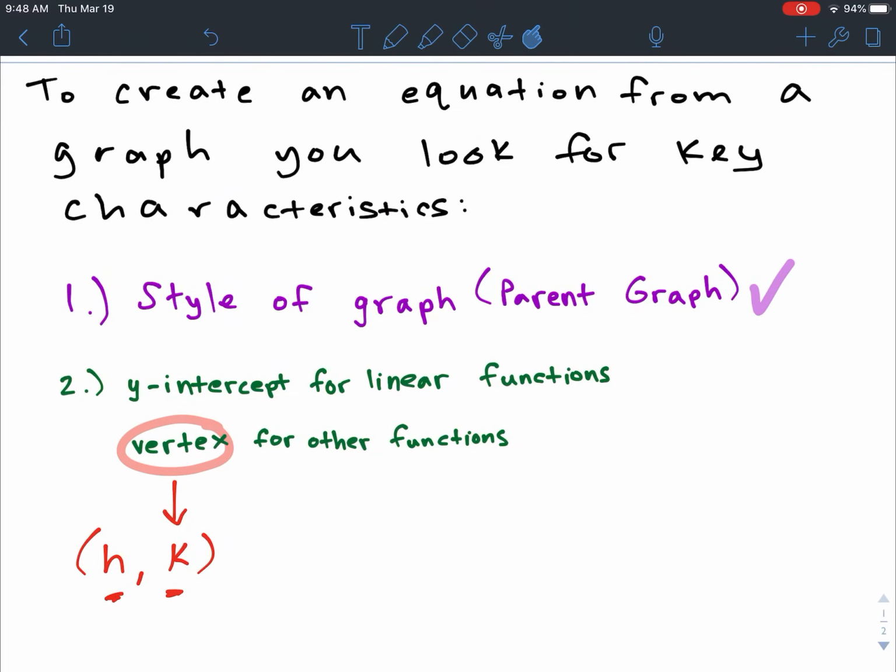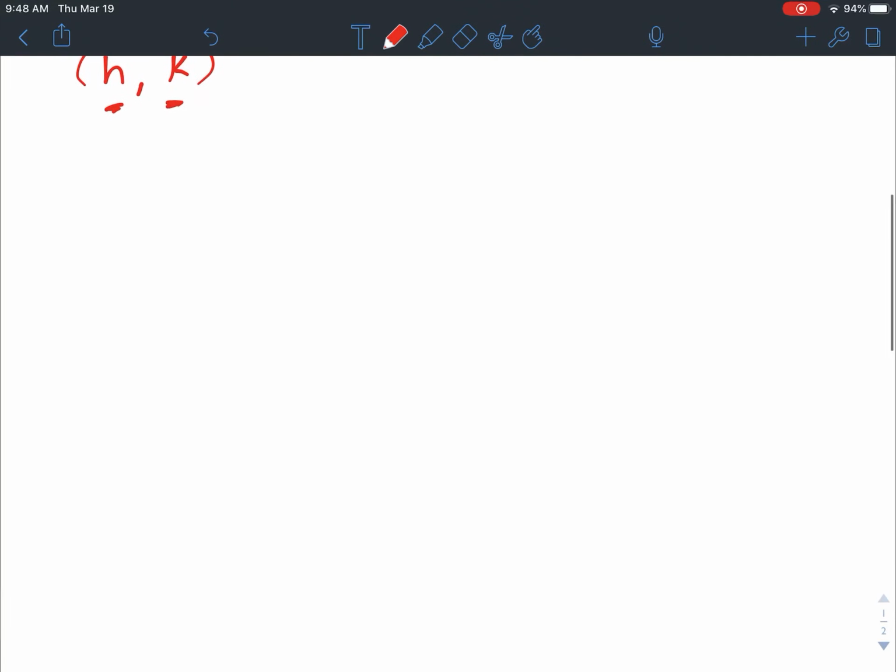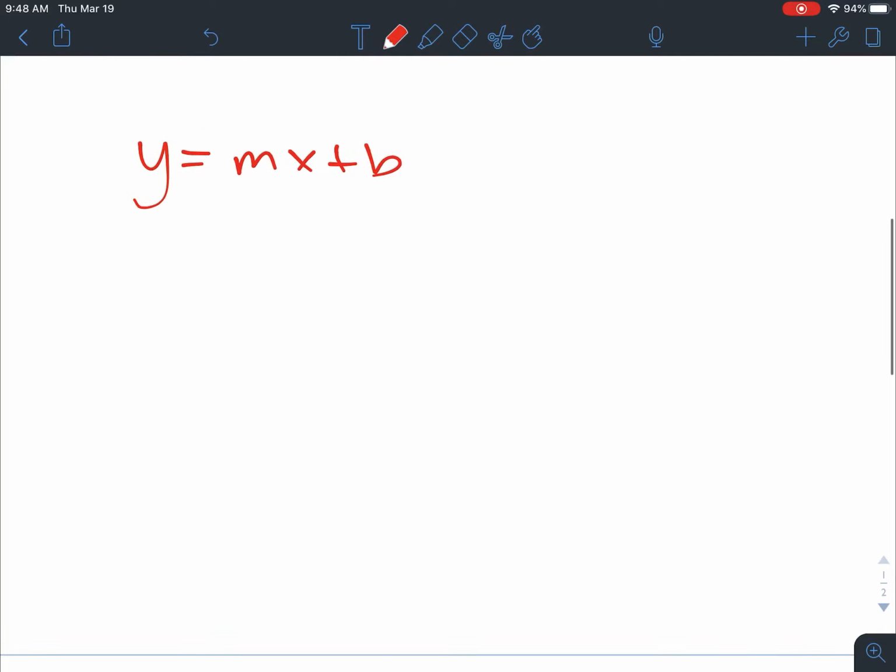So for this situation, we'd say, all right, first, we know it's a linear equation, y equals mx plus b. From our graph, we interpreted that our y-intercept was 4, and then we figured out through using our eyes or counting that our slope was down 2 over 1, or negative 2x plus 4.